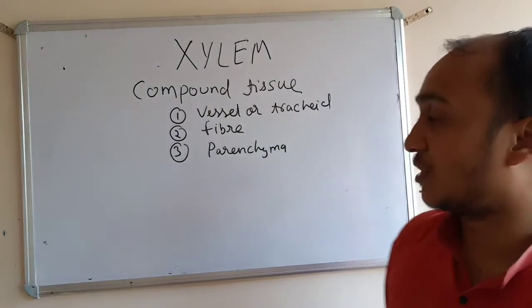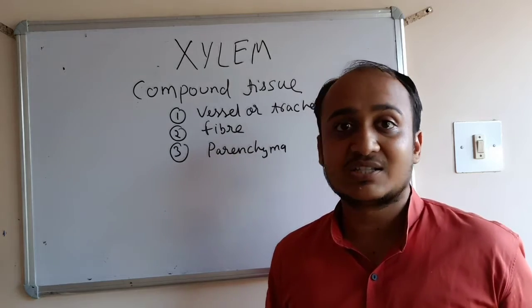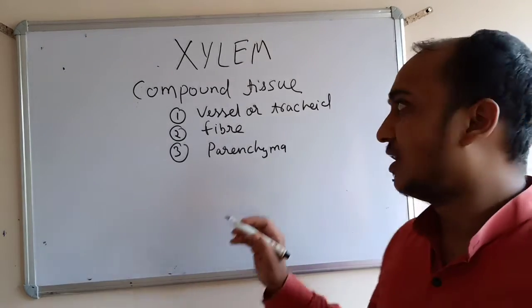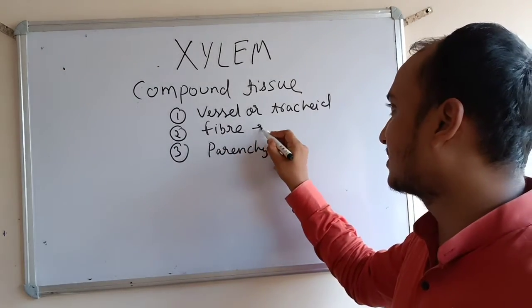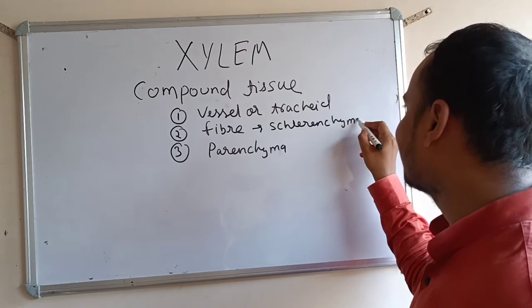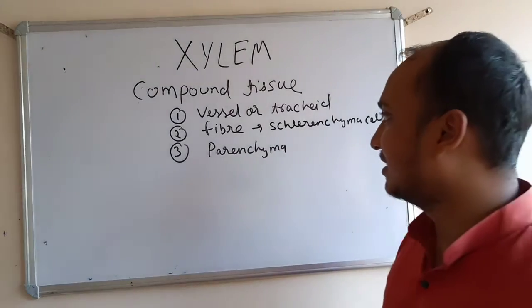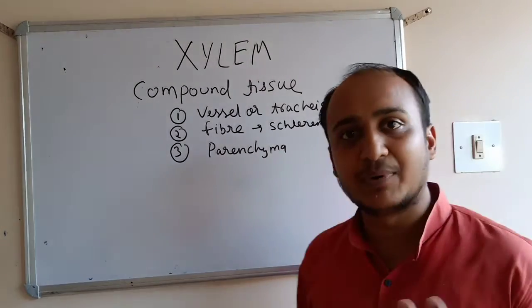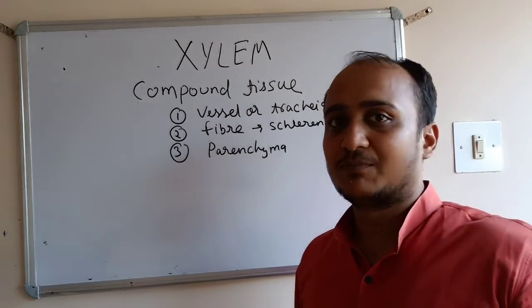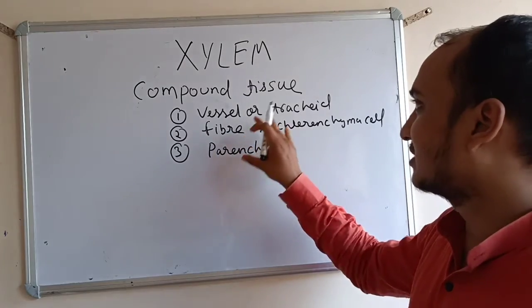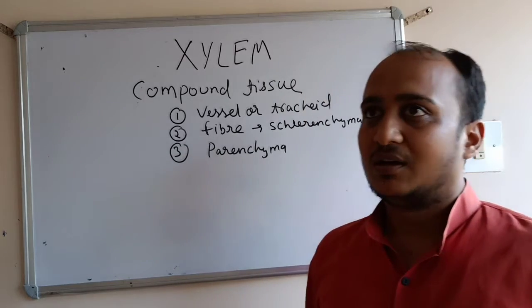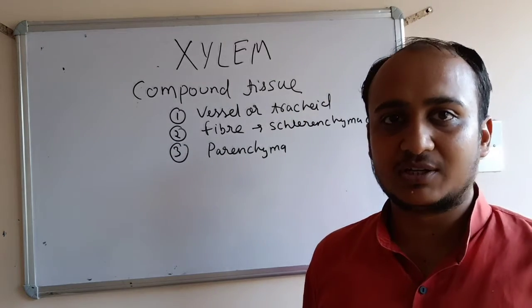We already have studied parenchyma, and fibers are sclerenchyma cells. We have studied parenchyma and sclerenchyma as simple tissue, and the compound tissue is a combination of some simple tissues: parenchyma, fibers and vessel. Basically, xylem is used to transport water.